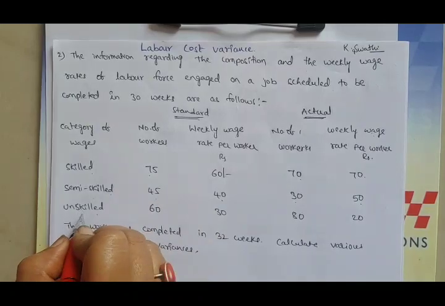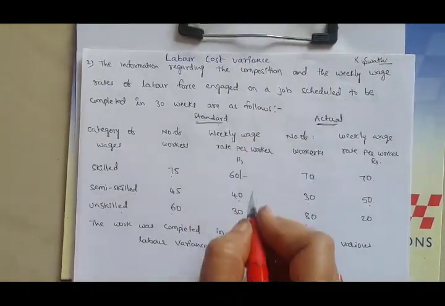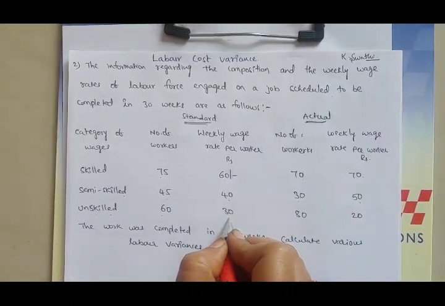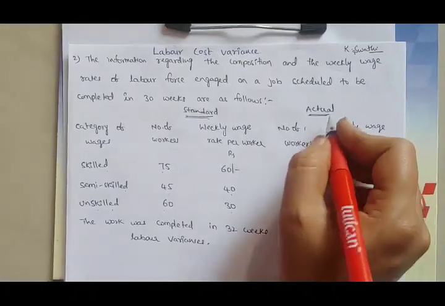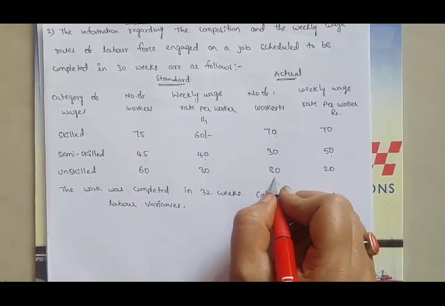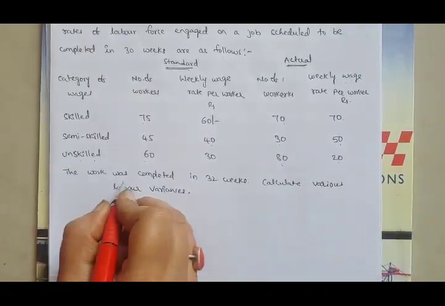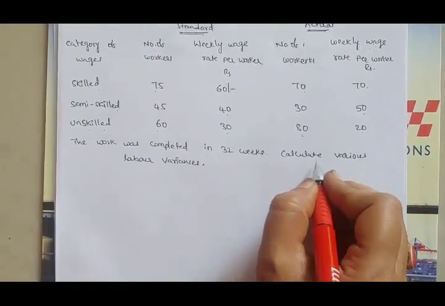Unskilled: standard number of workers is 60 at a weekly wage rate of 30 rupees, and actual number is 80 at 20 rupees. The work was completed in 32 weeks.